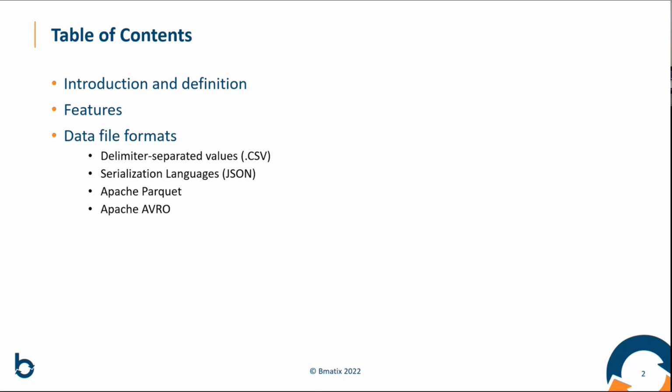The thing that I'm going to spend the most time on actually is the features, and not tying them yet to a certain data file format, but just discussing features that make data file formats fit and useful for data engineering and analytical purposes. So I will go deep into the different features that a data file format may or may not have, as we'll see later. And after that, tie it all together by taking a look at some of the most used data file formats in data engineering today.